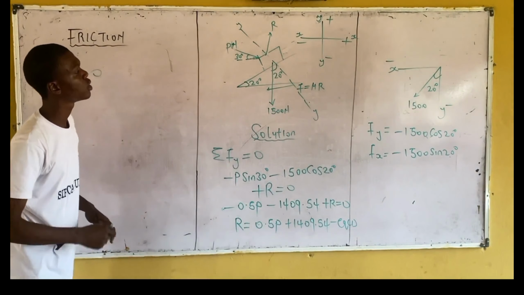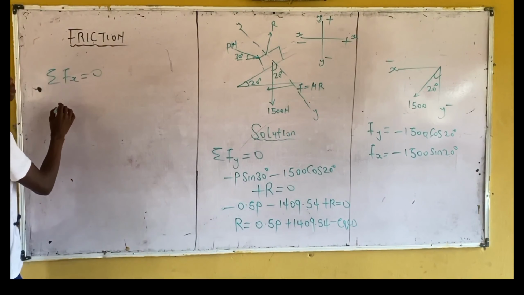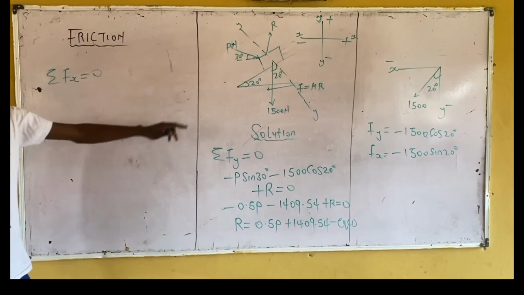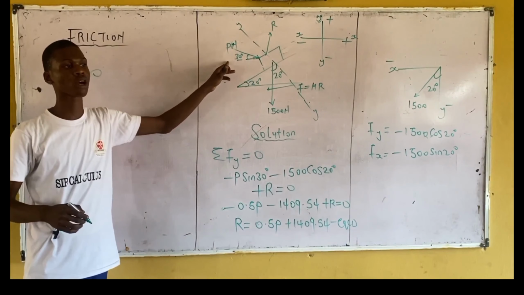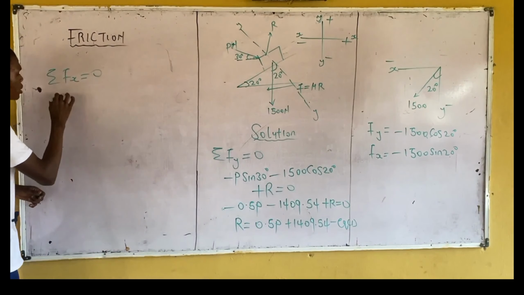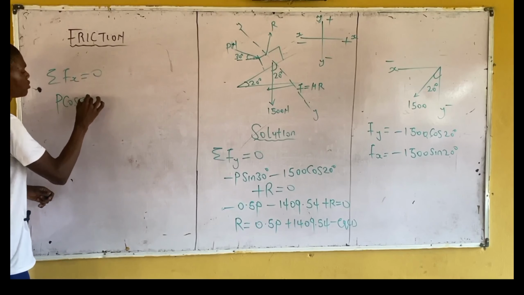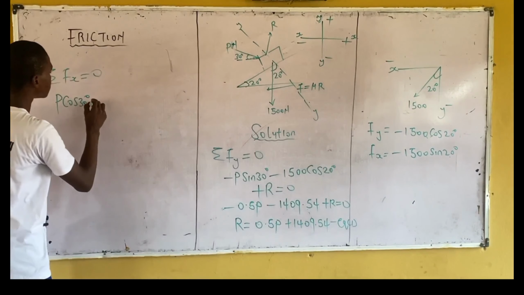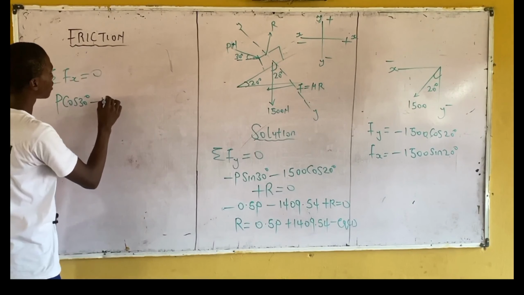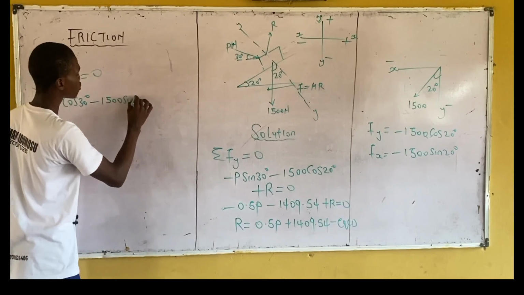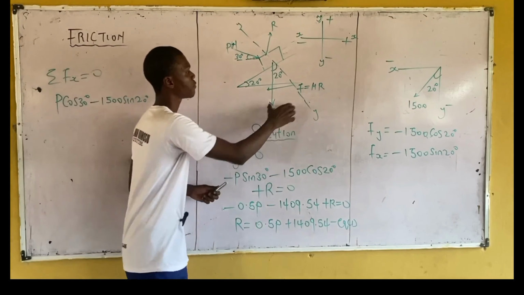That's P cos 30 degree. Solving this to the horizontal component, you check your book: P cos 30 degree. Then this one here is negative what? 1500 sine 20 degree. Then your frictional force.